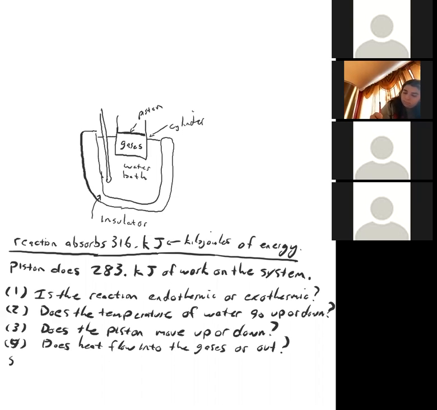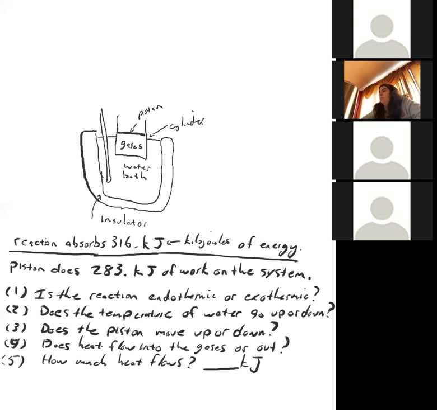And then 5, how much heat flows in kilojoules? Okay, so there's a lot here. There's a lot of questions, and this really gets very deep into the understanding of what's going on. So you have to really break this apart into separate components. So here's what we're going to do. We're going to look at one at each step.